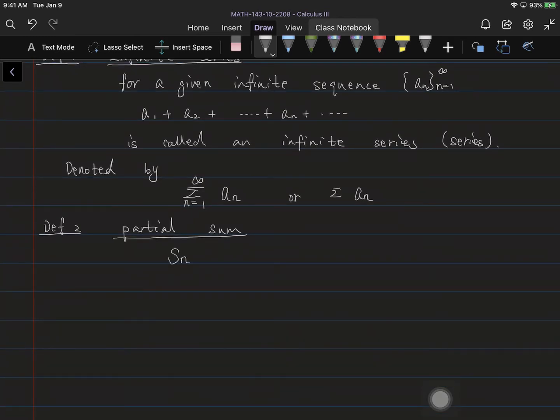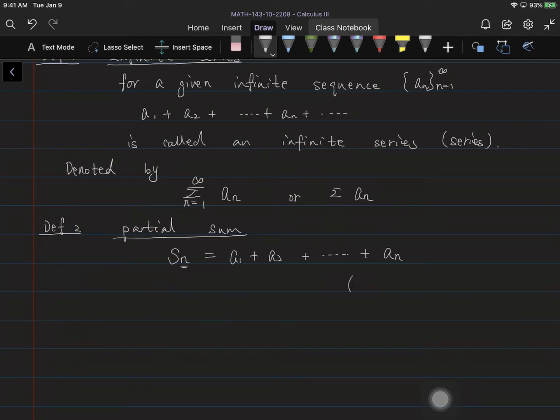Sn, here S means sum, so we use S. Sn equals a1 plus a2 plus till an. So n means how many terms we add together in total. Okay, it's called partial because it's part of the series, partial sum.